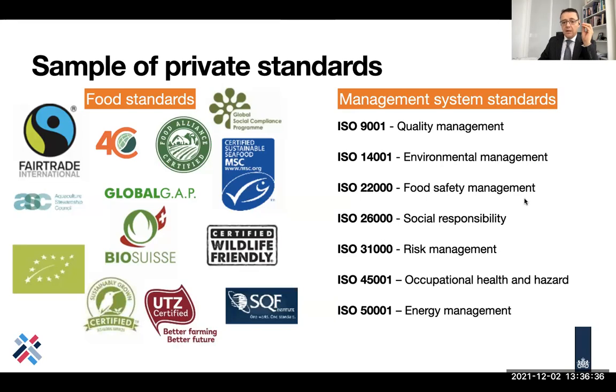Then private standards. Private standards relate to a huge number of concerns. So on the right hand, when we are discussing management systems, they tend to refer to the way the company that produces the things operates. So ISO 9000 refers to quality management. It doesn't refer to the quality of the products, it refers to the management system of the company and how it ensures it consistently delivers the value or the level of service or the level of quality that it's promised.